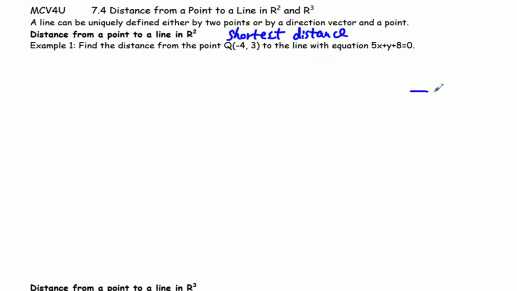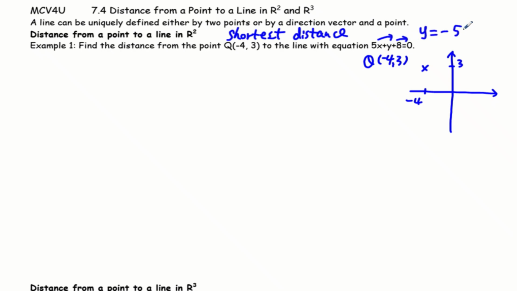So this is a point and there is a line. We just sketch it quickly. So -4, 3. Here is a point Q. And also we have a line. We want to rewrite it in the slope y-intercept form by isolating y.